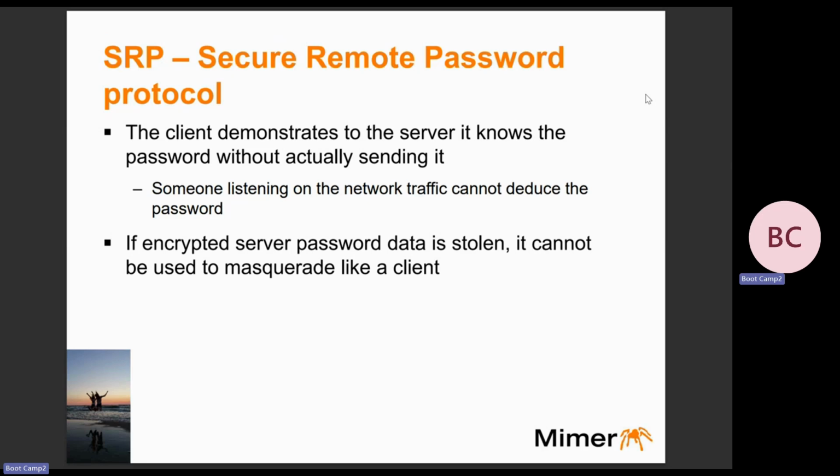I cannot use it to break the SRP protocol. So even if the encrypted data stored in the server is stolen, it cannot be used to break the system. That's not the case with some other protocols. So that's just a detail here.